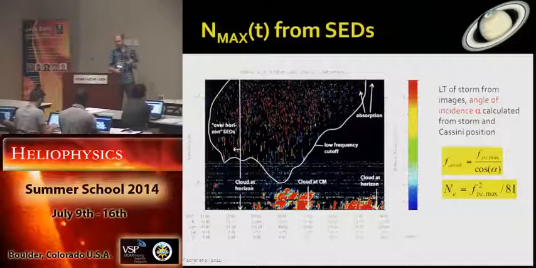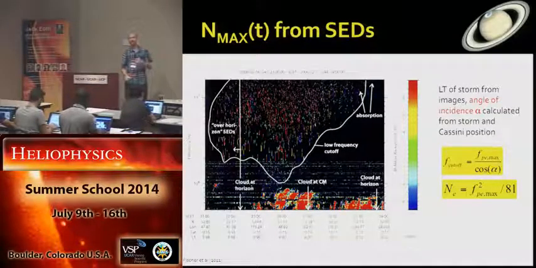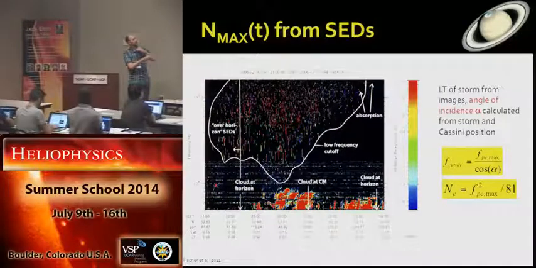Okay, let's briefly get back to SEDs, Saturn electrostatic discharges. Remember I said they're a broadband radio emission. Here I'm showing a frequency time spectrogram, so frequency versus time, as Cassini passes. Basically Cassini is stationary more or less in this reference frame, and Saturn is rotating.